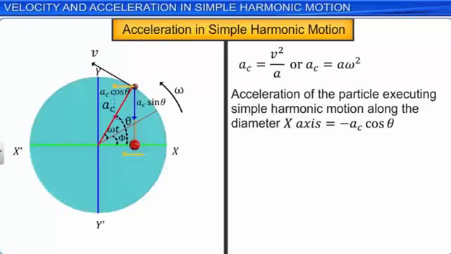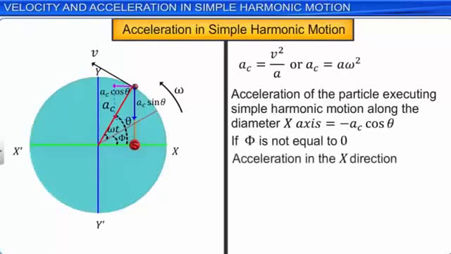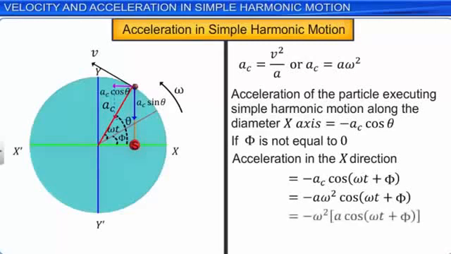If the initial phase phi is not equal to 0, the acceleration of the projection in simple harmonic motion is equal to minus AC cos(omega t plus phi), which in turn can be written as minus a omega square cos(omega t plus phi). On rearranging, we get minus omega square into a cos(omega t plus phi).